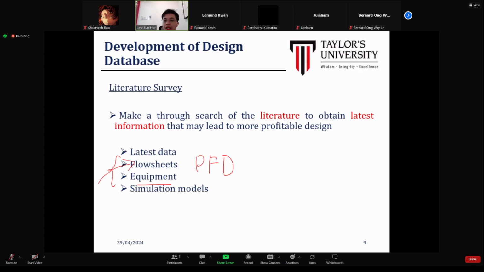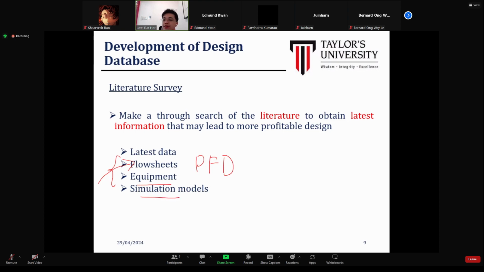All this information is very important and useful to support our design and our decisions later. Also, if you still remember, in our chemical engineering thermodynamics and simulation course, we learned how to do the simulation for a chemical plant.